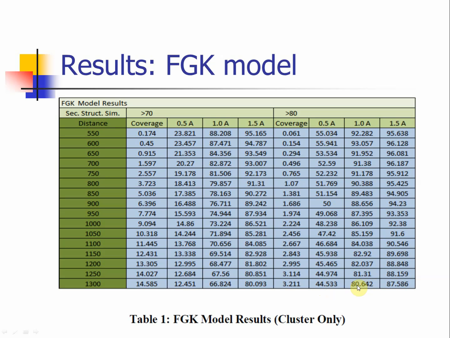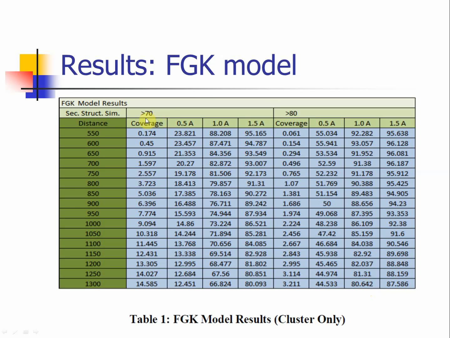And for 1 Angstrom it is 80%, 1.5 Angstrom is 87%. So you can see that those are some changes. When we predict more, the accuracy goes down a little bit, but if we set it as 1 Angstrom, we can still have 80% of the predictions that are less than 1 Angstrom of the RMSD evaluation.